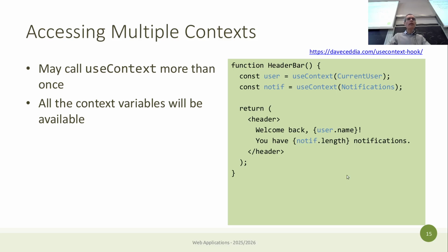So, accessing multiple contexts, you use multiple useContext calls. This may happen in your application because, as with states, it can be useful. You have a context that contains information about the language, and a context that contains information about the rendering, so you want the dark theme, the light theme, and so on.